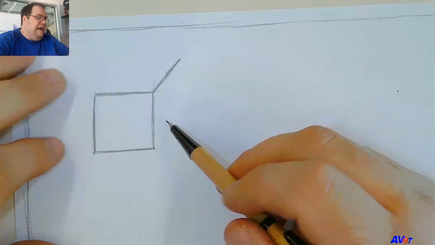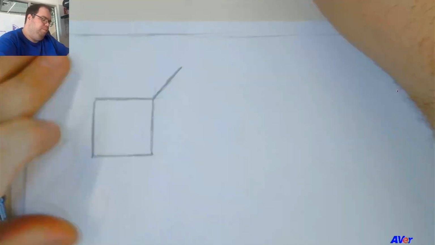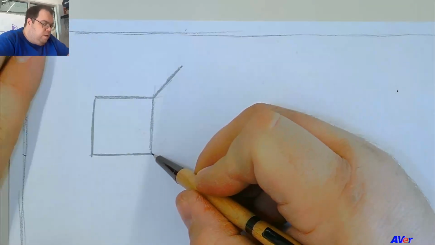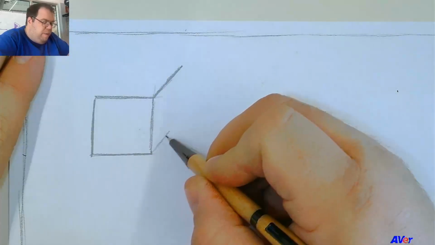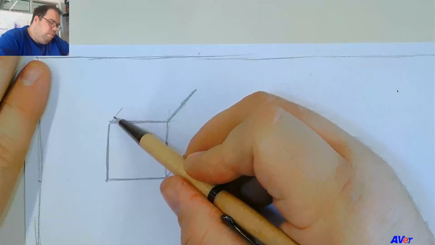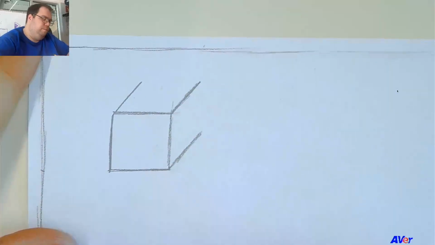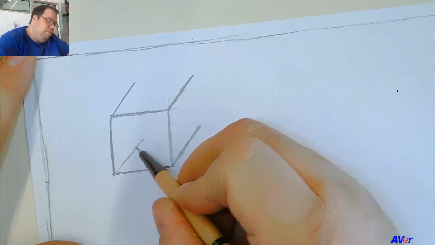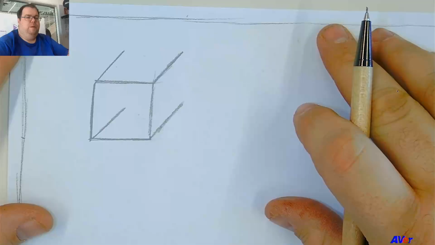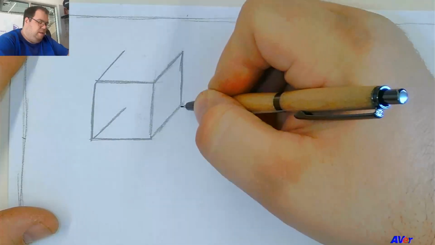And I'm going to draw that exact same line at all three of the other corners of my square, because my square is rapidly becoming a transparent cube. And then all I'm going to do to finish this is connect those lines.